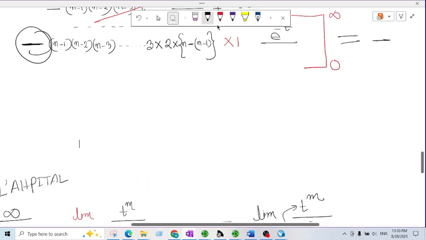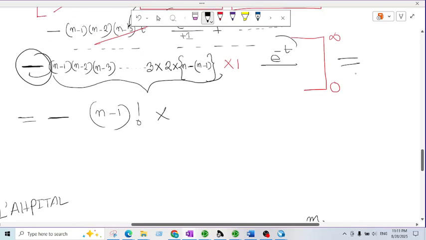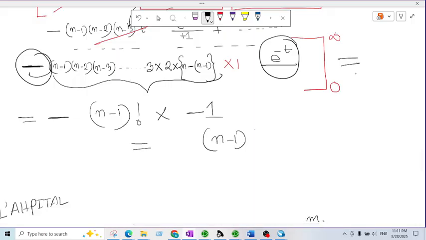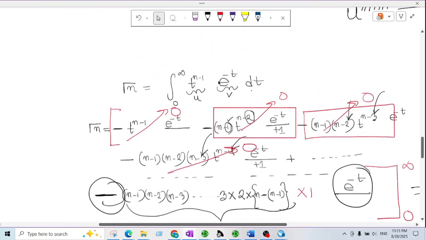Well, so now let's start. So we have a minus here, then you see that this thing is simply equal to n minus 1 factorial, and then if you apply those limits over here, you will get a minus 1. So the final answer is n minus 1 factorial. So that means, what was our goal?